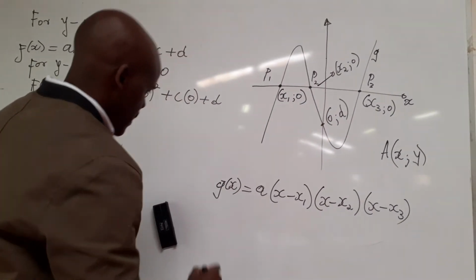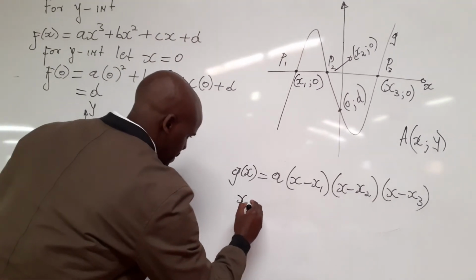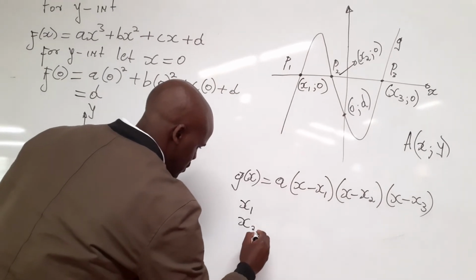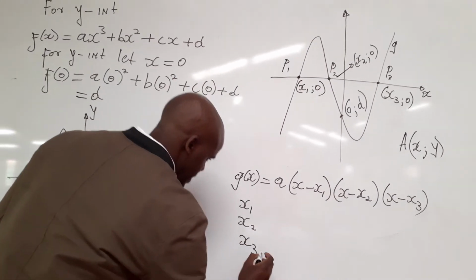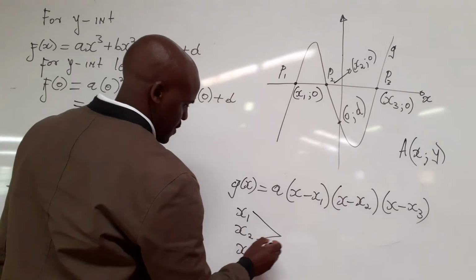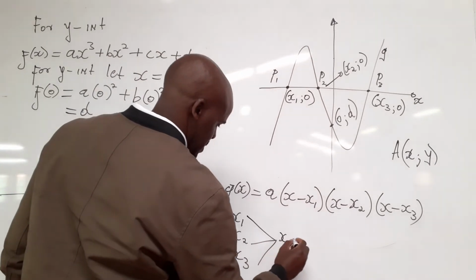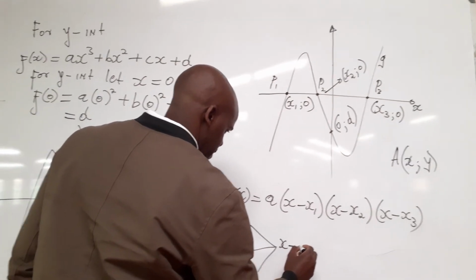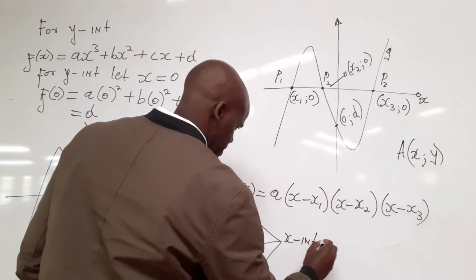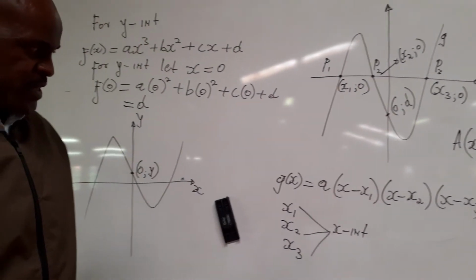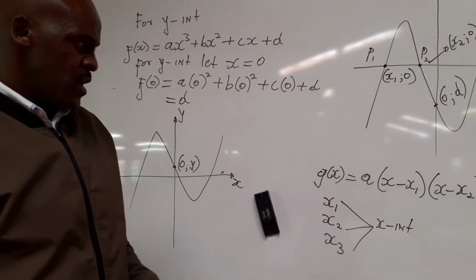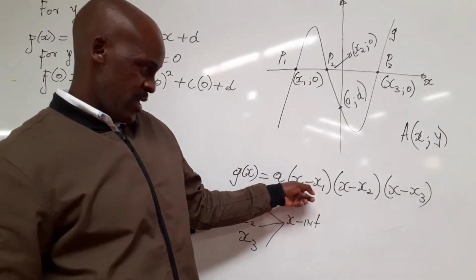So x1, x2 and x3, these are the x-intercepts. Right? There is x there.